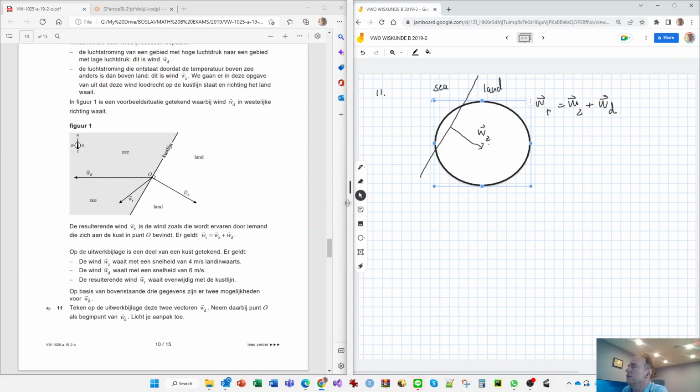So it's like this. And since we know that WR is either in this direction, so this is WR1, and this is WR2.